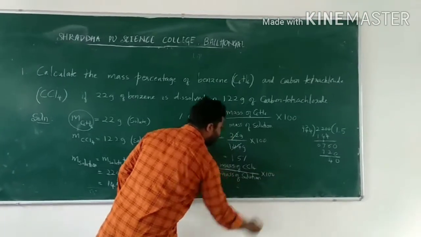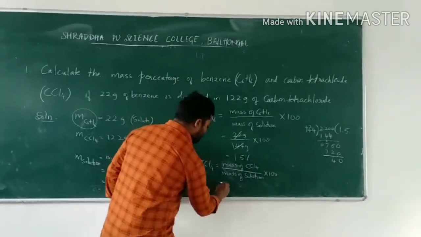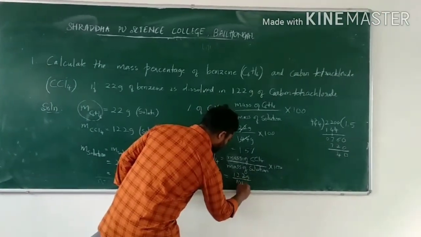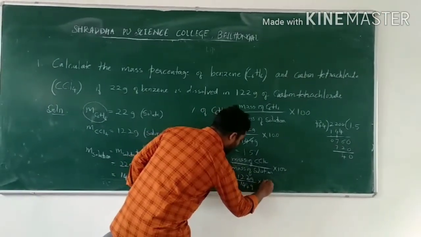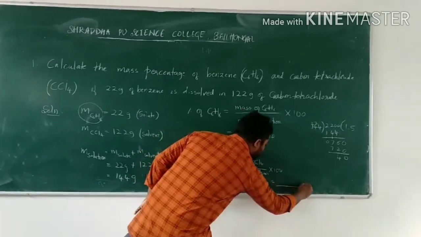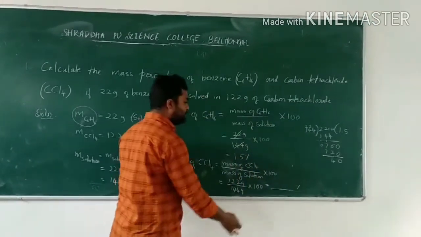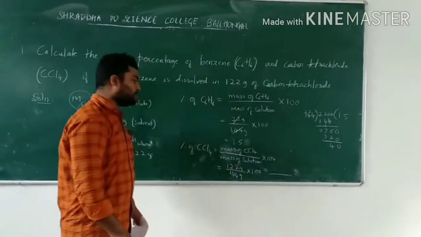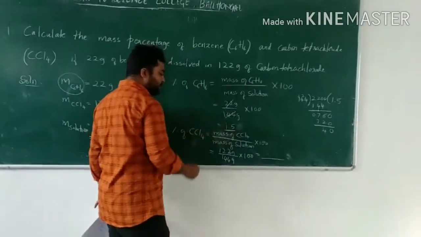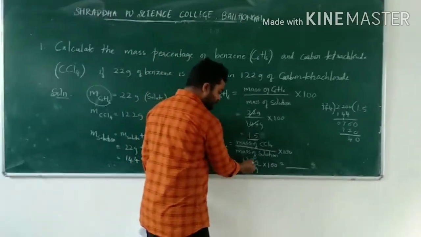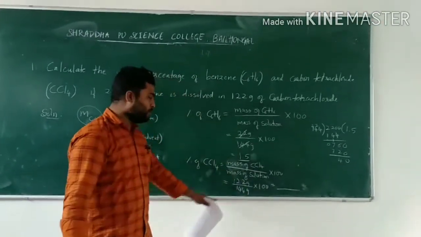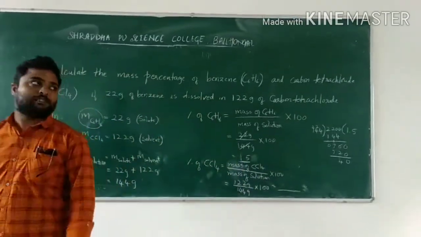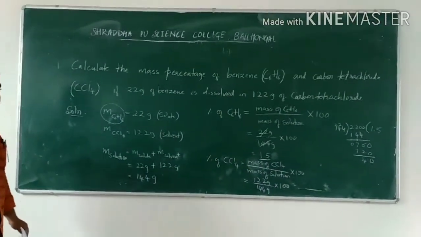So if you solve this numerical, you are going to get it as 122 grams divided by 144 grams into 100. So you can write the answer here. That is your percentage, 1.5. You should not indicate the percentage here. So here mass percentage of benzene is 1.5, and for CCl4 it is 122 divided by 144 into 100. You can get the answer using the calculator. Okay, this is regarding the first problem.